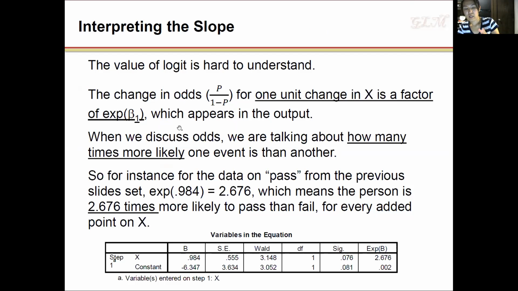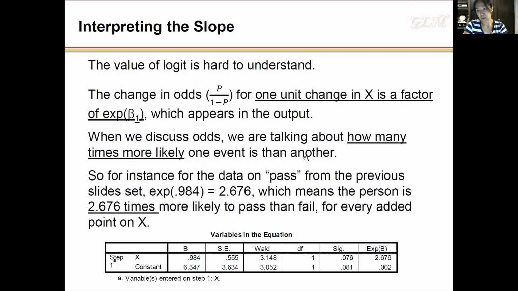So again, this is called odds, or odds ratio. How can we interpret it? One unit change in x is a factor of exponential beta. When we discuss odds, we are talking about how many times more likely one event is than another.